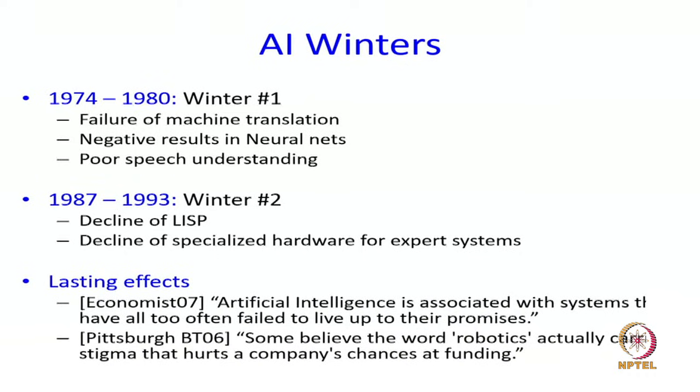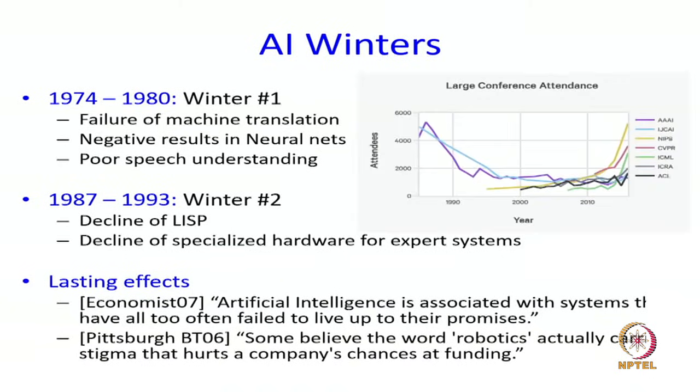And in this world, over time AI has now come out, and we will talk about the present in the next class. But this graphic shows you the number of attendees for several AI conferences, and in the 80s it was only IJCAI and ICHKI, and there were almost 5,000 attendees at the conference in 1985.